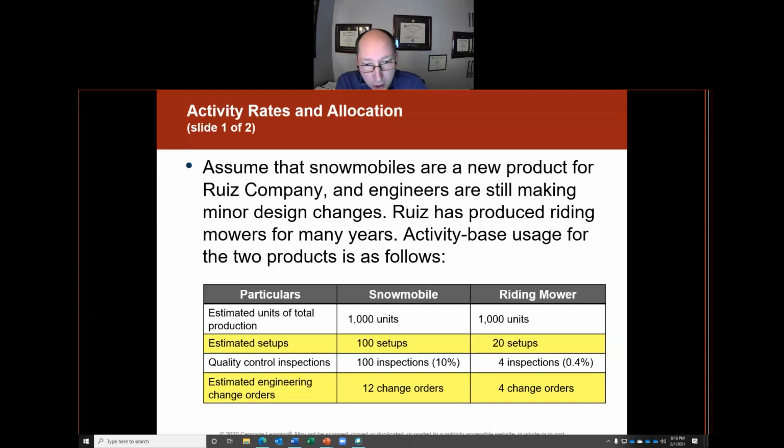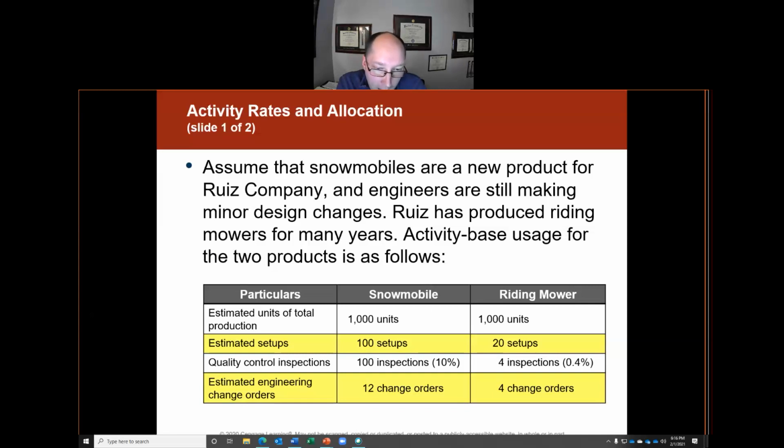We expect we're going to produce 1,000 snowmobiles and 1,000 riding lawnmowers this year. We expect that we're going to need to set up our assembly line 100 different times throughout the year for the snowmobiles and 20 different times for the riding lawnmowers.